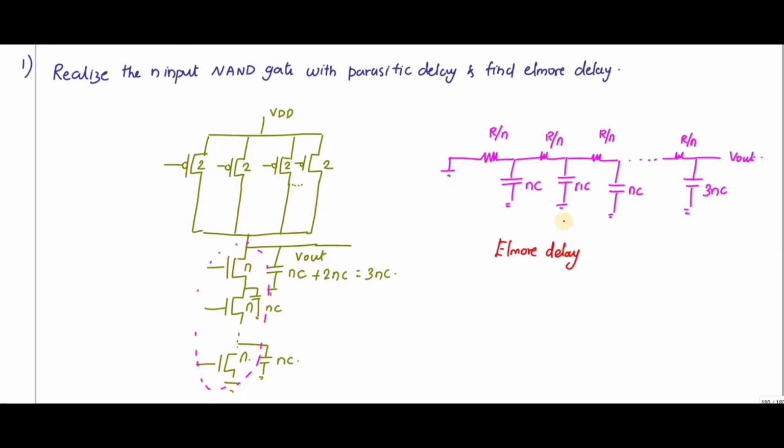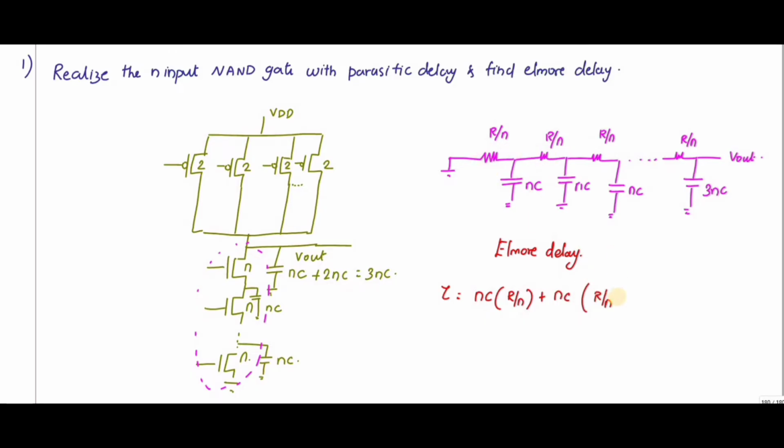In order to find the Elmore delay, take this capacitance nC. What is the resistance before it? It is R by n. So for this nC, the resistance is R by n.